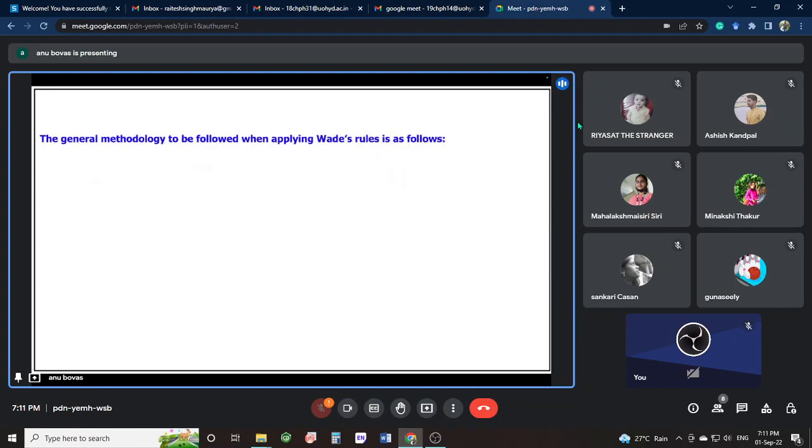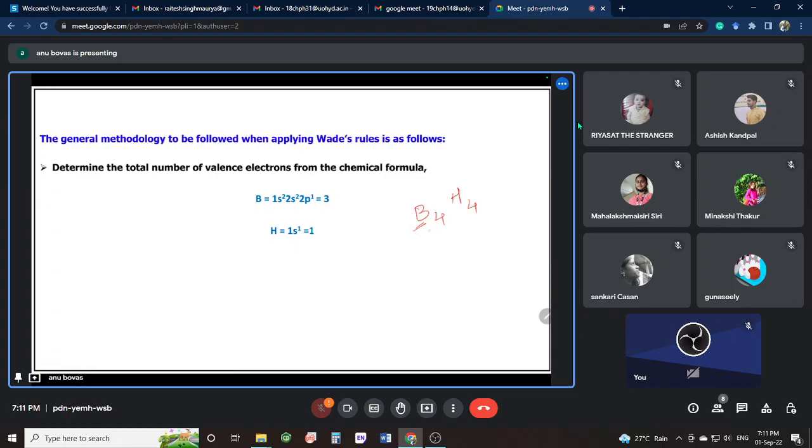Now, how to apply this Wade's rule in order to find out the number of skeletal electron pairs? This is very simple, based on three simple steps. The first one is to determine the total number of valence electrons from the chemical formula. For example, we have B4H4. Each boron atom has 3 valence electrons.